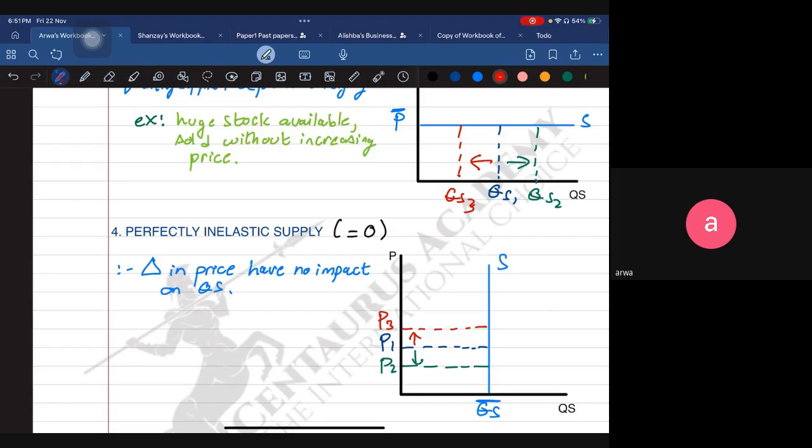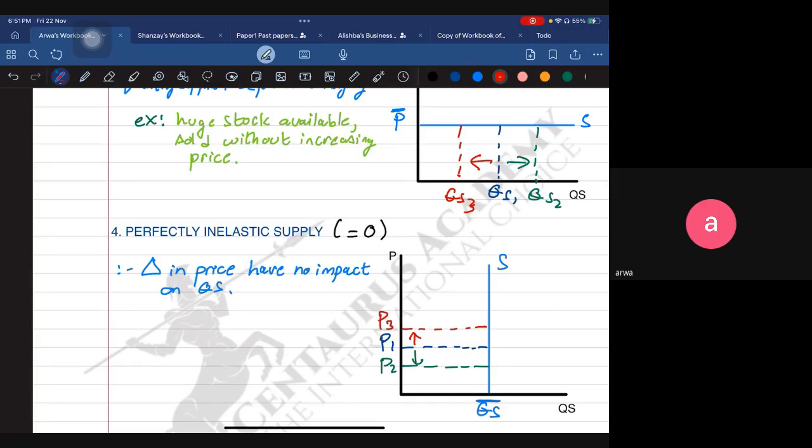Okay. So why does supply not change? If I say perishable, it's basically the same point again, right?